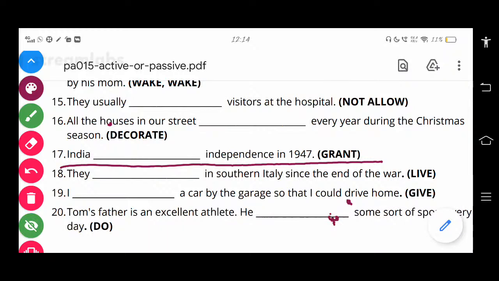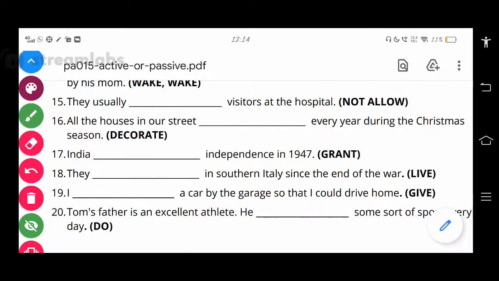We have to ask ourselves these things before answering anything. If we question ourselves like that, definitely we can find the correct answer. As a result, we won't make mistakes. To avoid silly mistakes, this kind of questioning is required. Therefore, the answer has to be given like this: India was granted independence in 1947.